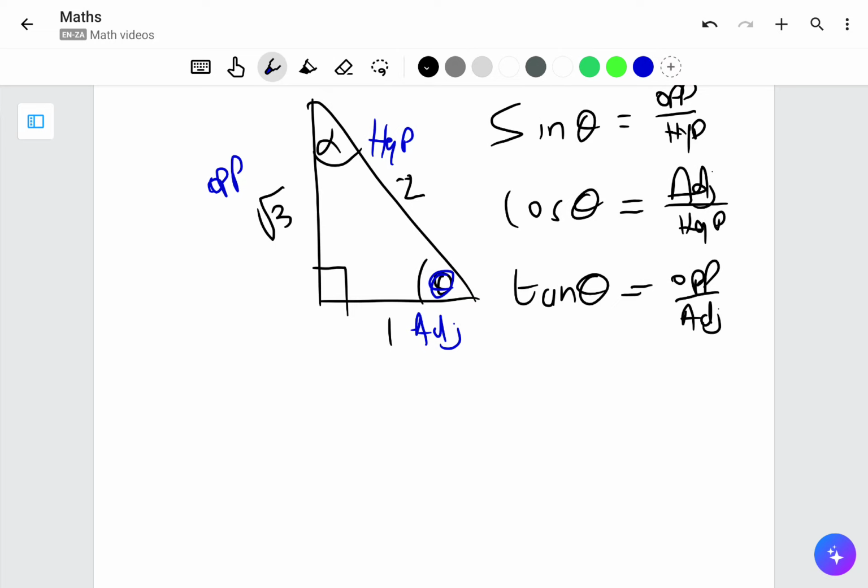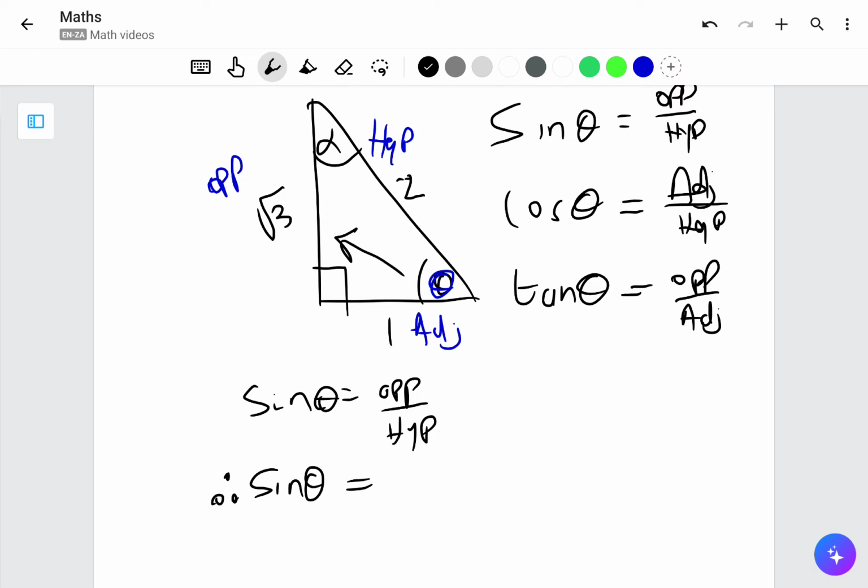So how do we represent the sine of theta? We say the sine of theta equals opposite over hypotenuse. So that means, therefore, we can say that the sine of theta equals, what is opposite to theta?